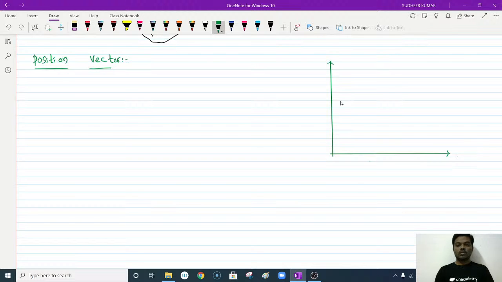Suppose this is one more axis. So consider this as the x-axis, this is the y-axis, and this is the z-axis. This is the origin, right?